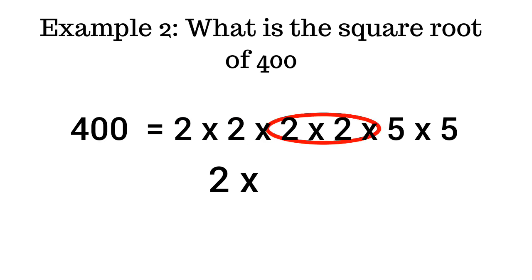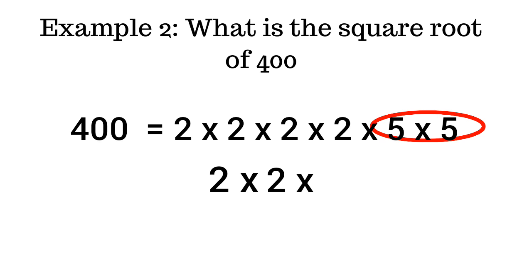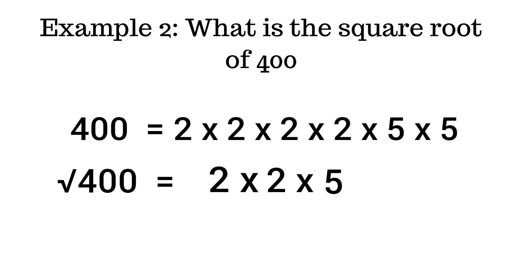Among the second and the third, we will take 1. And among 5 and 5, we will take 1. So we will have that the square root of 400 equals 2 times 2 times 5. 2 times 2 times 5 is equal to 20. So the square root of 400 is 20.